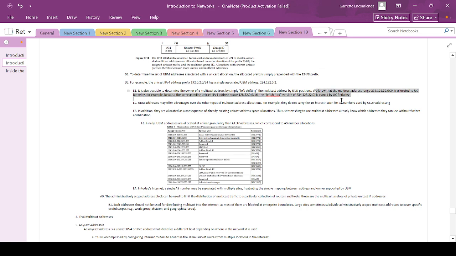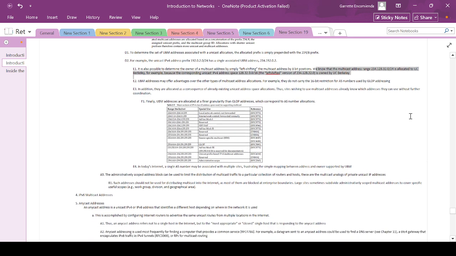So we know that the multicast address range 234.128.32.0/24 is allocated to UC Berkeley, for example, because the corresponding unicast IPv4 address space 128.32.0.0/16, the left shifted version of 234.128.32.0, is owned by UC Berkeley. UBM addresses may offer advantages over other types of multicast address allocation. This is the reason why it is the most recent as well.